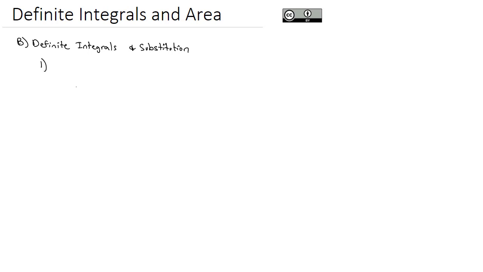The main thing we have to keep in mind with substitution is we have to change the limits of integration with our u. What's nice then is we no longer have to go back to x. Here's what I mean with a couple examples.